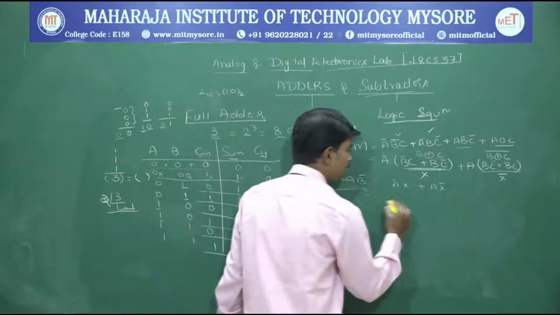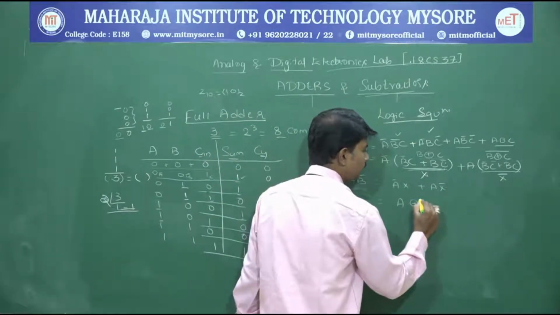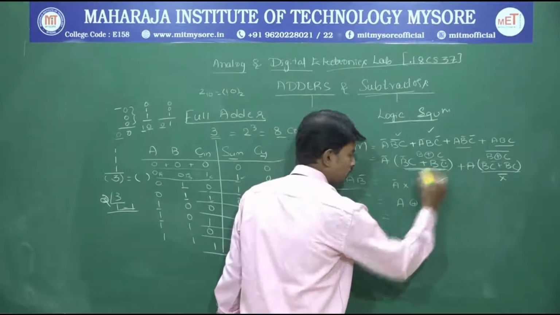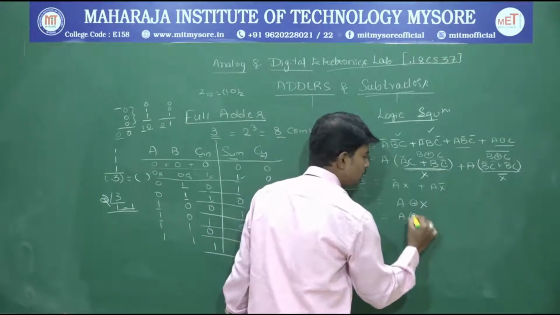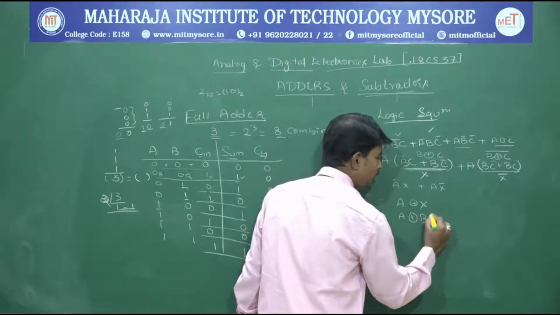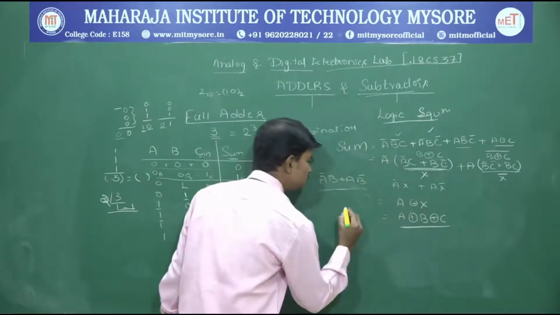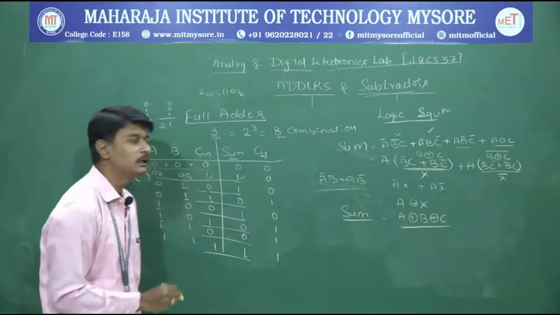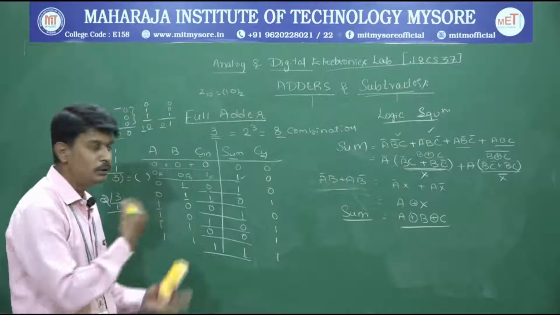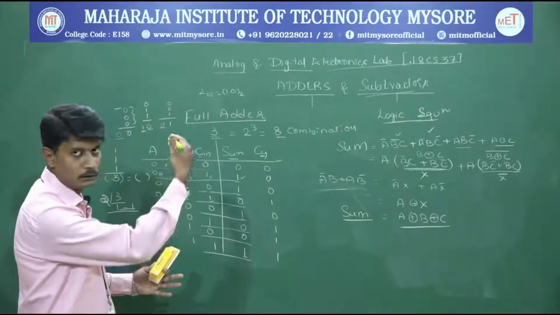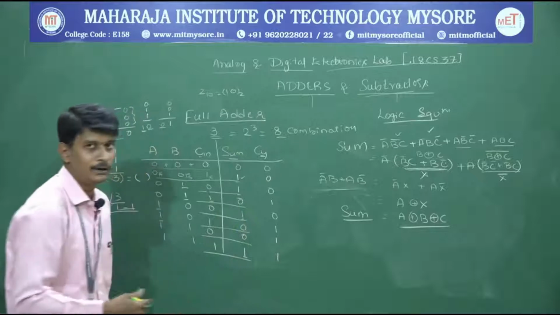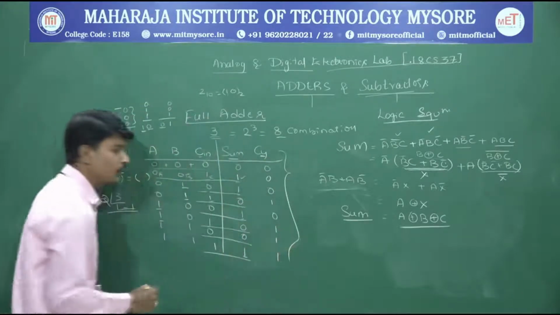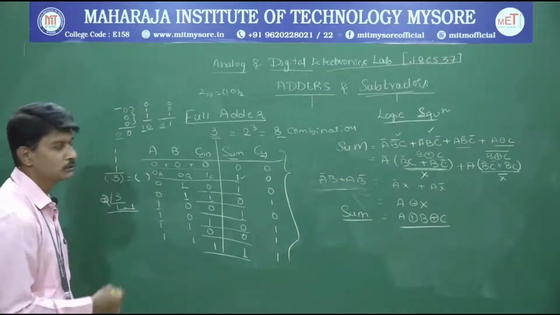So I can directly write it as A XOR X. Now replace that X with this form, and it is nothing but A XOR B XOR C. Now this is the expression for the sum. You can do it likewise using this truth table, and another method is you can plot this over a Karnaugh map and reduce the expression.